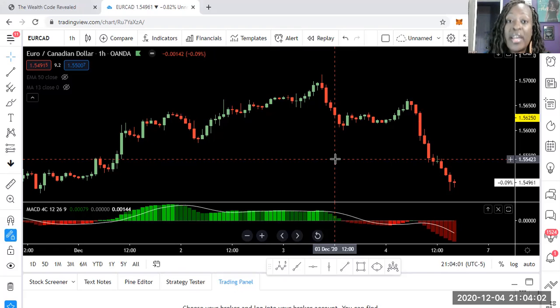Amongst those major pairs, you want to focus on the pairs where the spread is relatively small. I typically don't trade pairs that have more than 2.5 pips. 2.5 pips is great. I can accomplish my financial goal in addition to handling that pip amount.